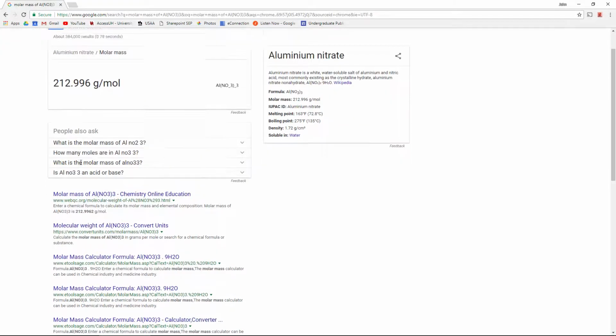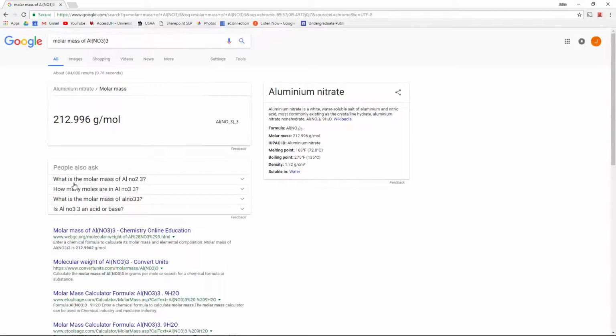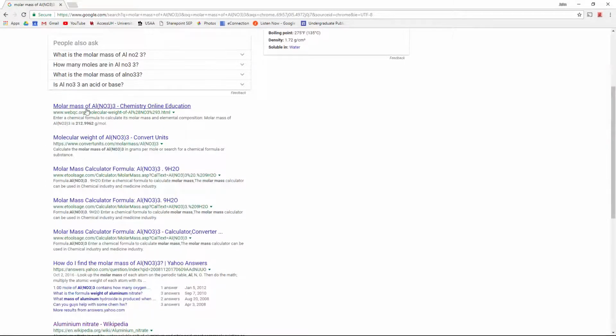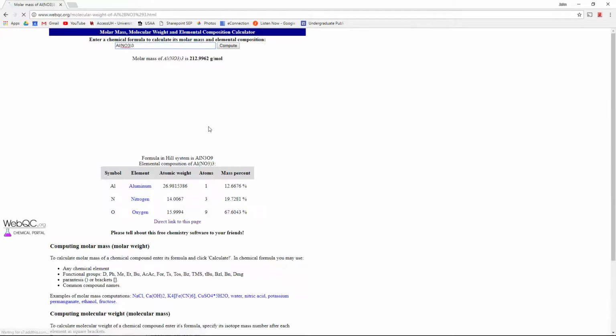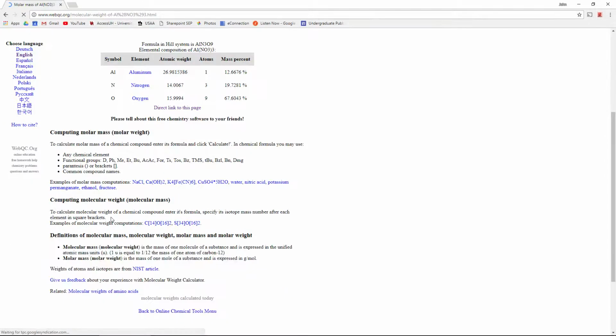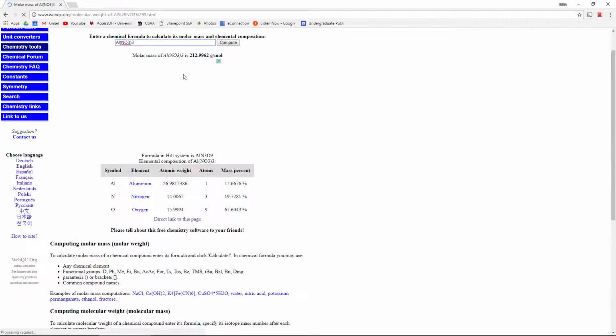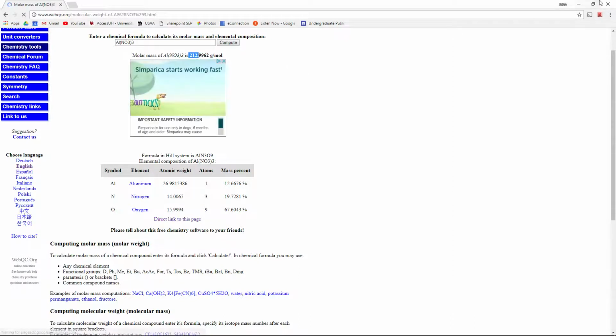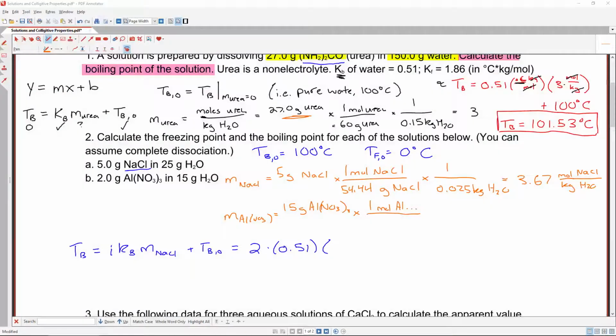I do want the anhydrous version of this. Okay, there we go. I'm going to round it off to 213. So 213 grams per mole of aluminum nitrate.